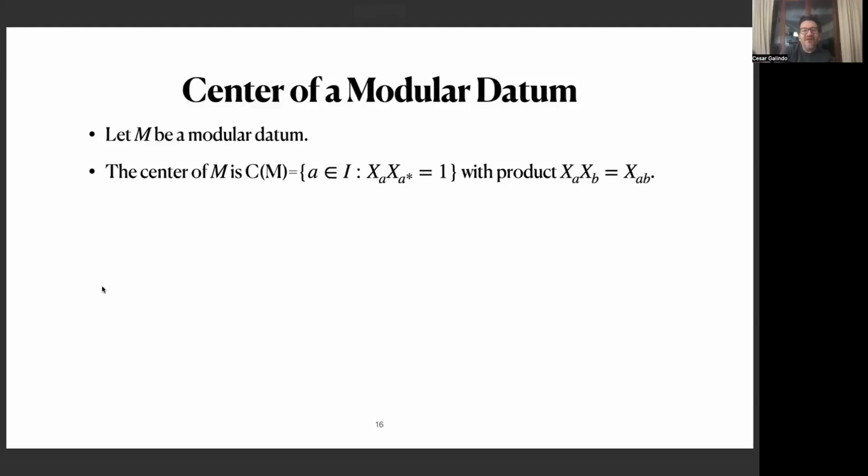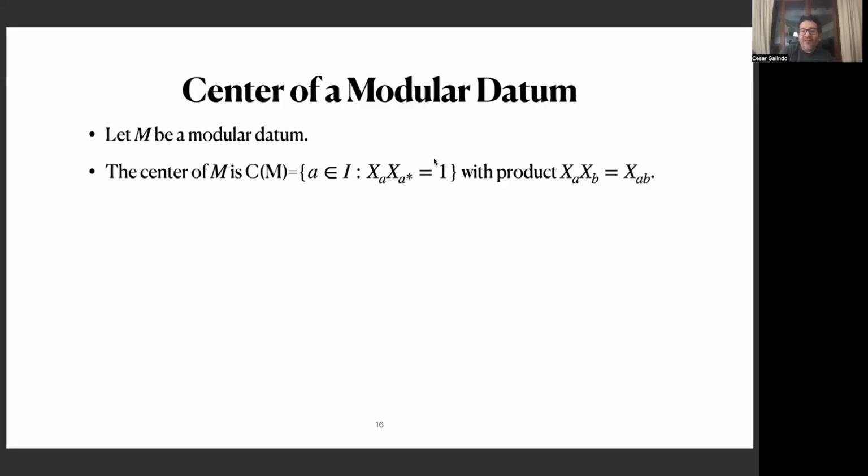Remember that I said that if we have a modular data, we have an associated Grothendieck ring. So if we have a Grothendieck ring, in particular, we have the set of all invertible elements, those that when you multiply by the dual, you obtain the vacuum, the trivial object, the unit object.